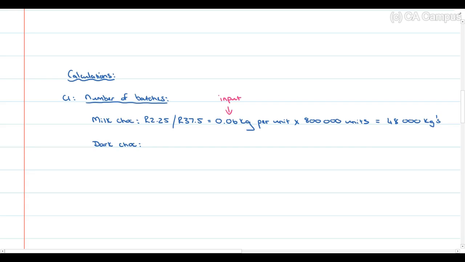Let's perform the same calculation for dark chocolate. For dark chocolate, the unit cost is 3 Rand, and the cost per kilogram is 37.50 Rand. So to make 1 unit of output, they need to input 0.08 kilograms of cocoa beans.